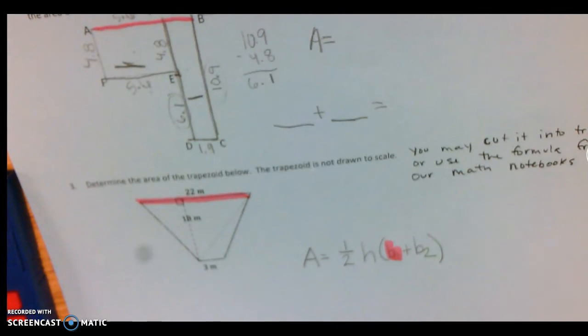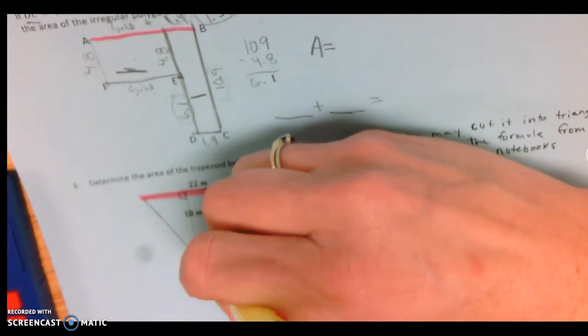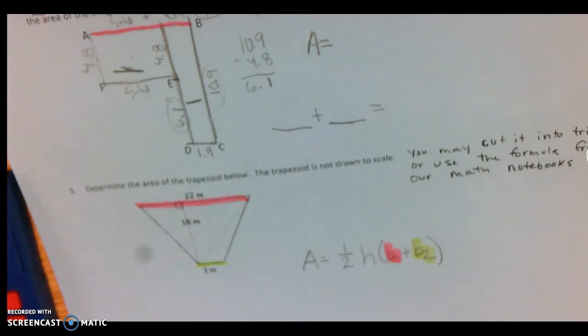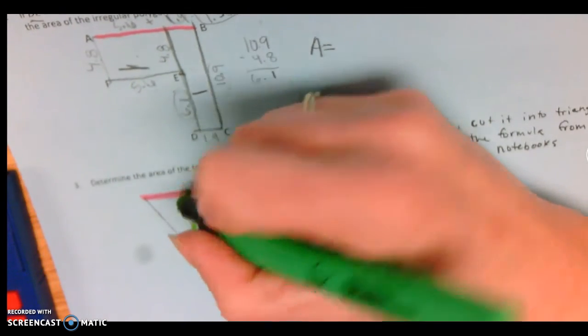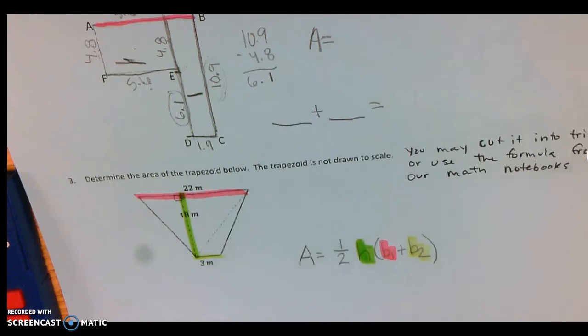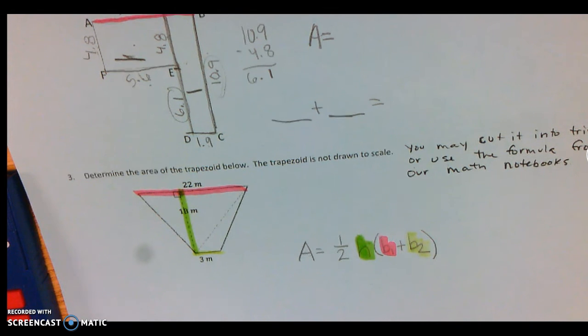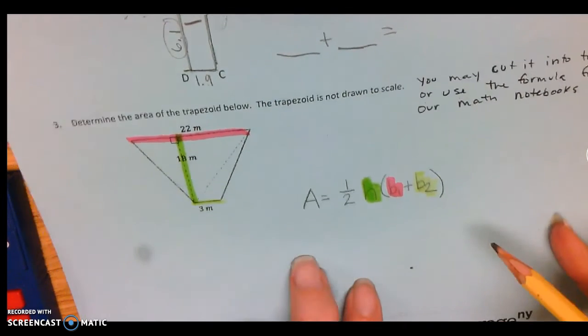Base 2 is yellow, so it is this. And then I see that the height would be the distance between both of them in a perpendicular line. So the height is that one there.